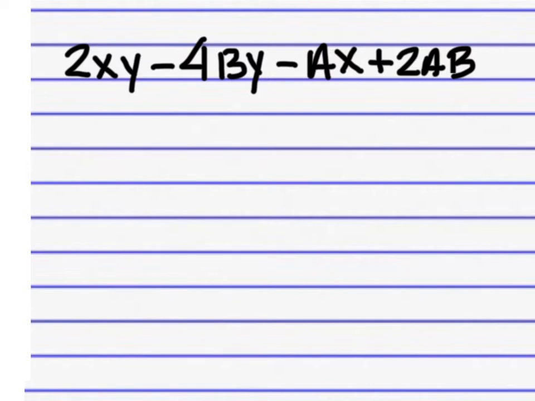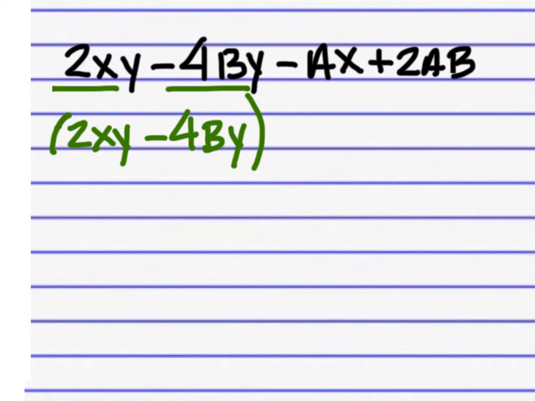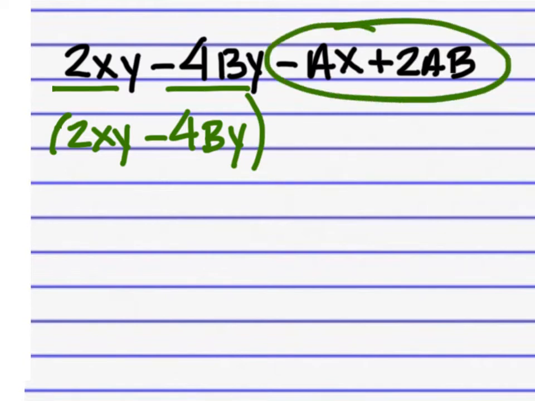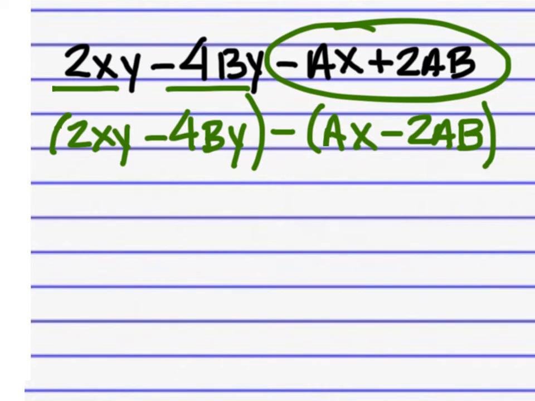What I'm going to do for this one is to group these two together to start with. That would be 2xy minus 4by. Over here, if I group these two together, my first term has a minus sign in front of it, so I will do this. Put the minus sign outside the quantity and change the sign of each of these.